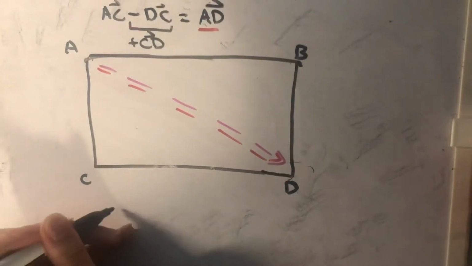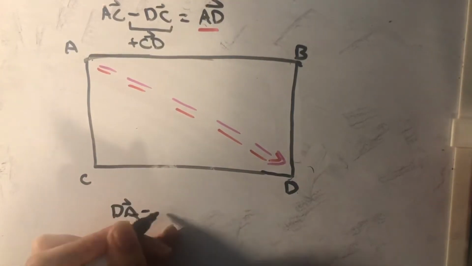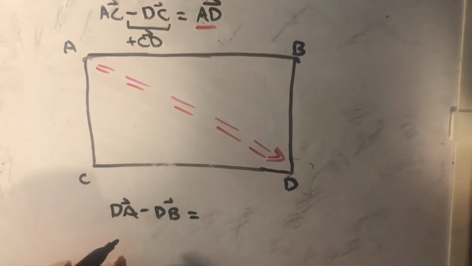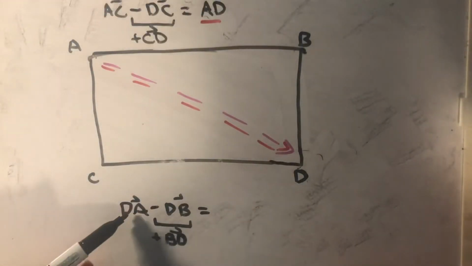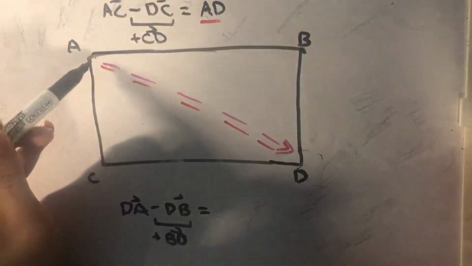Final one, DA minus DB. What does that equal? I'm just going to go ahead and make this into its positive. So first of all, I'm going to go from DA, D to A, and then plus BD.